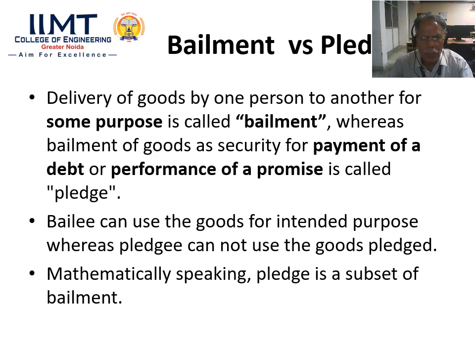So this is the basic difference, that in case of bailment, delivery is for a specific purpose, whereas in case of pledge, it has to be delivery of goods as security for repayment of the debt or for a specific purpose.